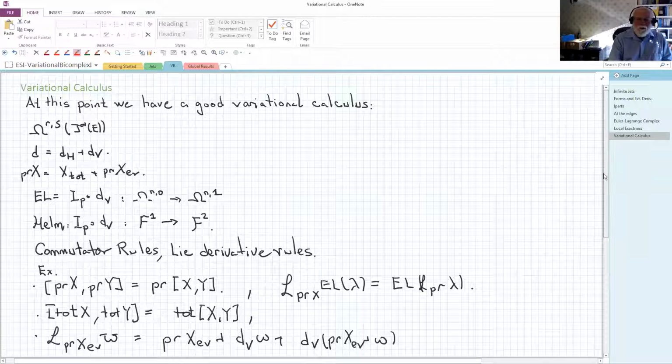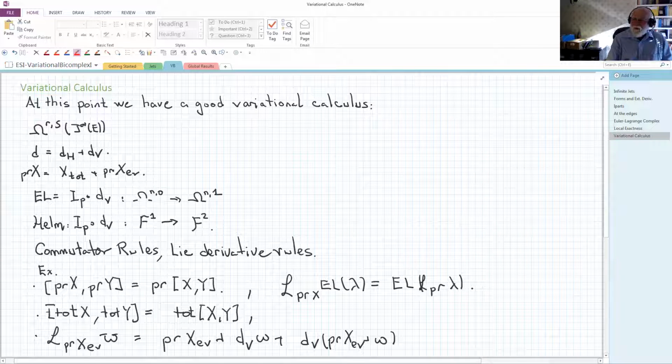So in conclusion, for today, I didn't quite get to some of the applications, but we'll do those tomorrow. At this point here, we have a very, very effective variational calculus. We have the bicomplex, we have splitting of the exterior derivative, we have prolongations of vector fields which allow us to work with symmetries. We have an invariant formula for the Euler-Lagrange operator. We have a characterization of the solution to the inverse problem of the calculus of variations.